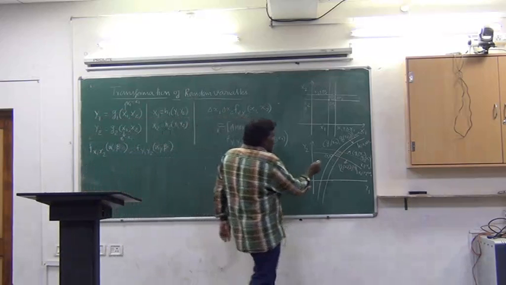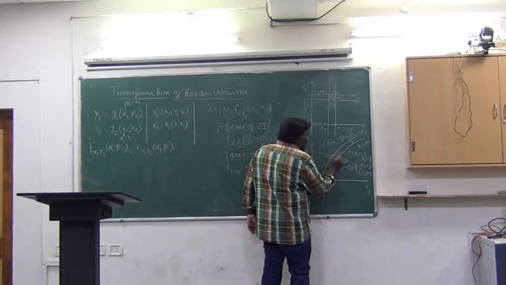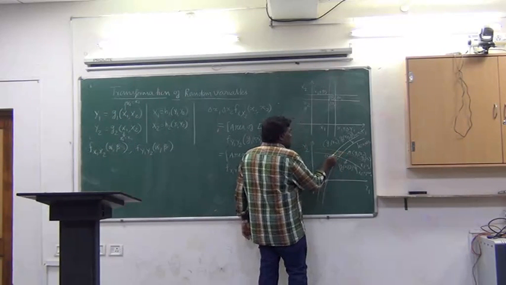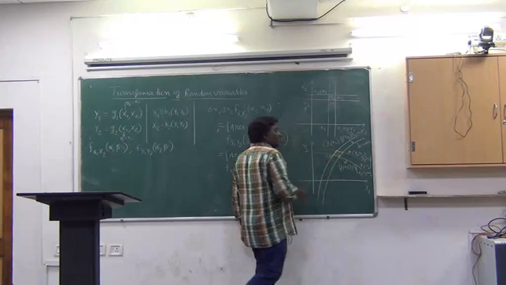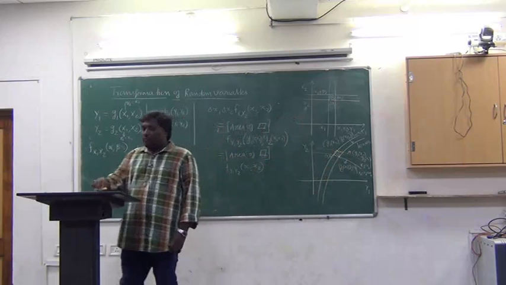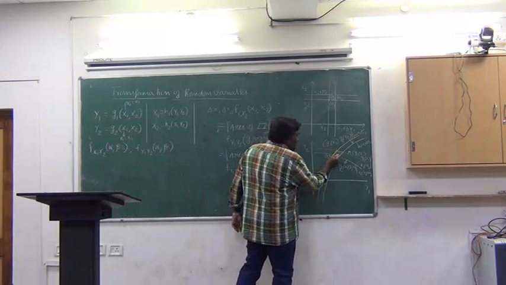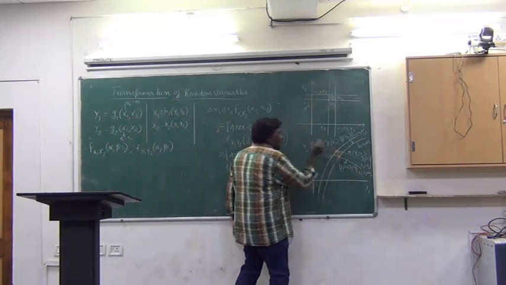So we will consider this box as a parallelogram. If this is the reference and I know these coordinates, I can find this vector, isn't it? So I get this vector and this vector.